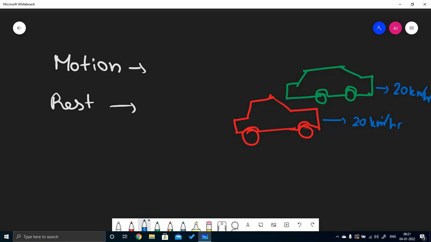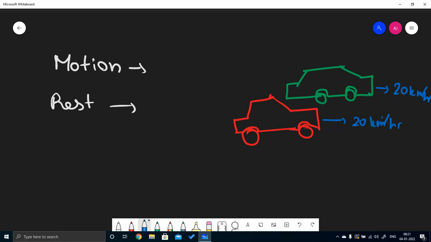But let's say you're speeding at 100 or 120 kilometers per hour. Do you see other cars flying past you at 120 kilometers per hour? Not really, unless they're overspeeding and going at 200 kilometers per hour, but not really. Why does this happen? This is the concept of relative motion.